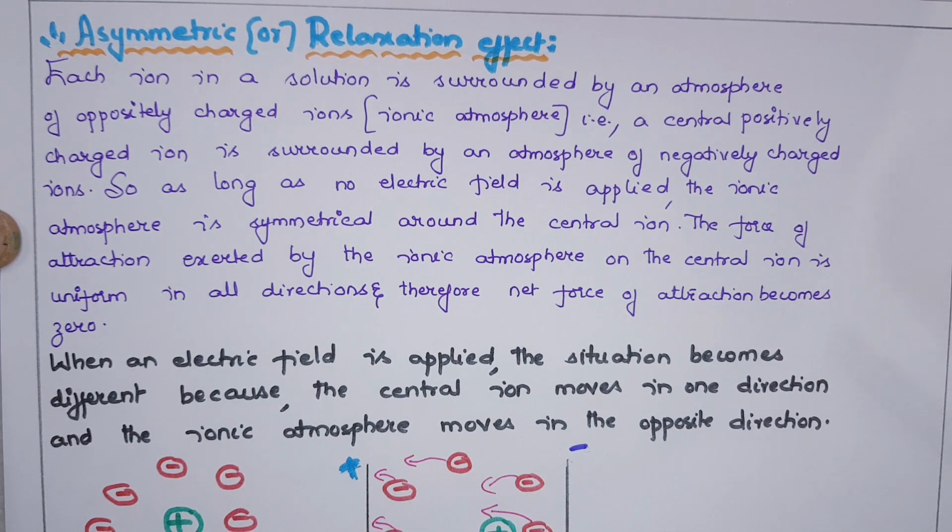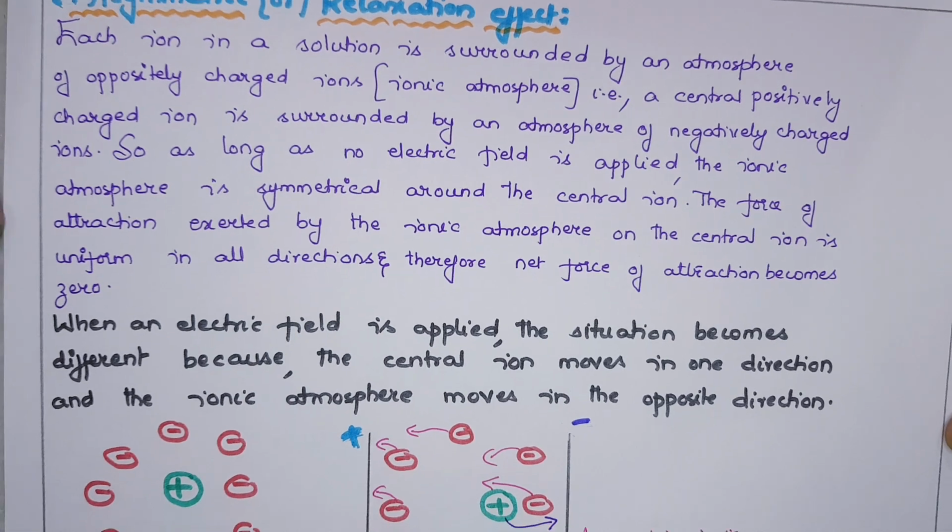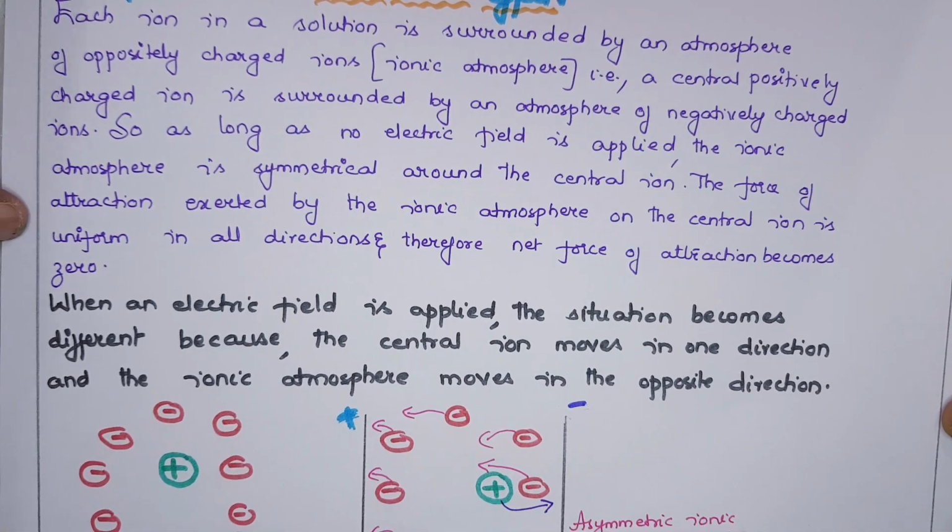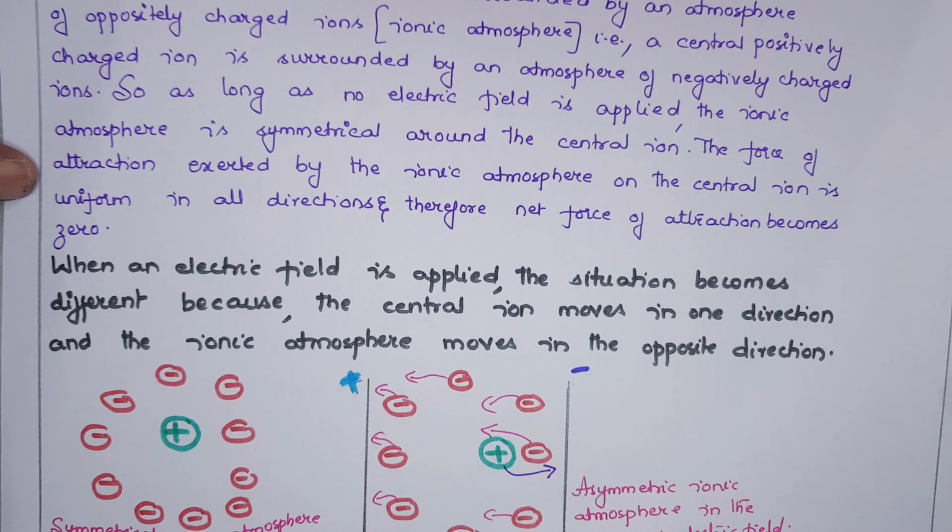The situation changes. It becomes different. What happens? The central ion moves in one direction and the ionic atmosphere moves in the opposite direction. So where are they going? Central ion moving towards which direction? Ionic atmosphere moving towards which direction? Below I have given a small diagrammatic representation, students. Okay.